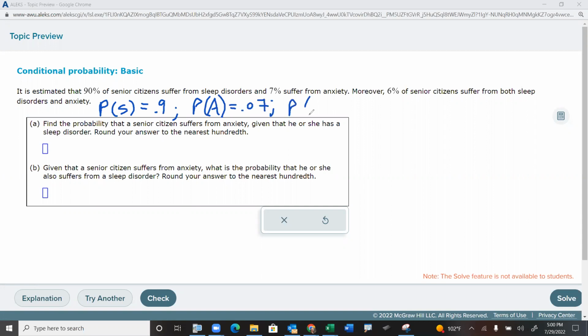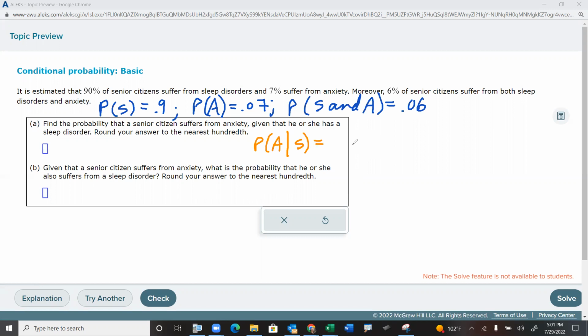And the probability that one of them suffers from sleep disorder and anxiety is 6%. I find it easier if I write it that way. It says find the probability that a senior citizen suffers from anxiety given, so there's my conditional probability bar, that he or she has a sleep disorder.